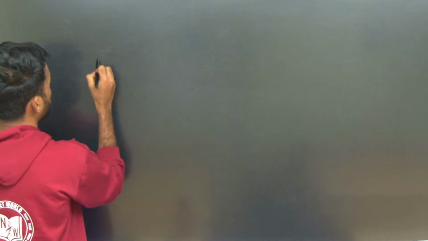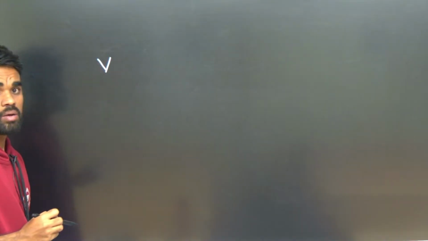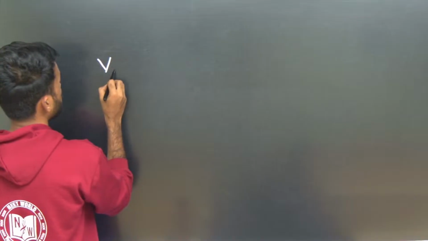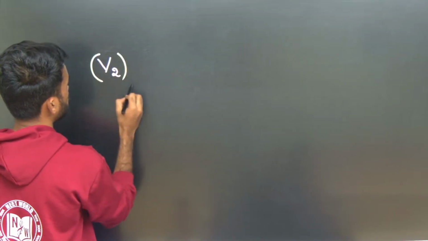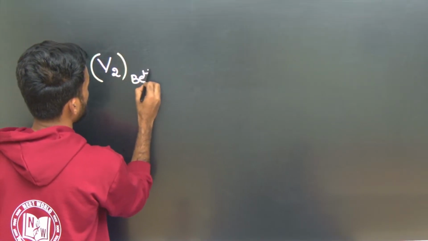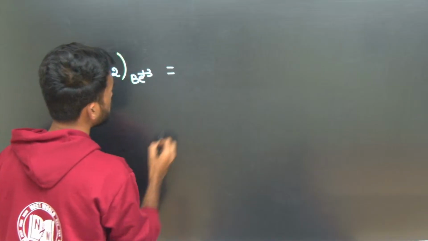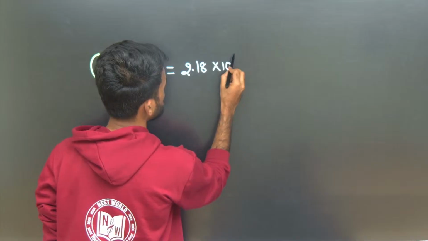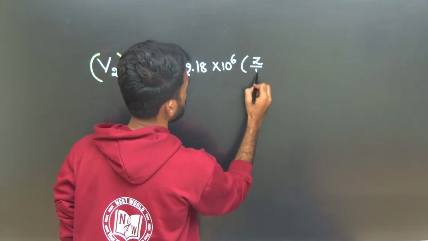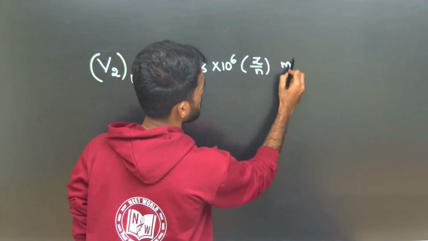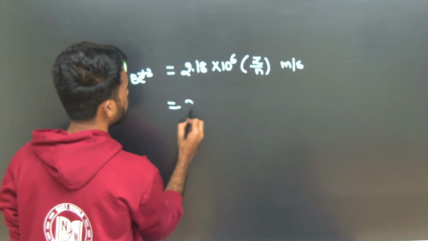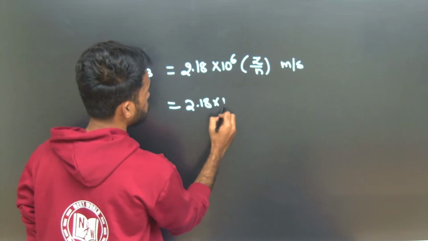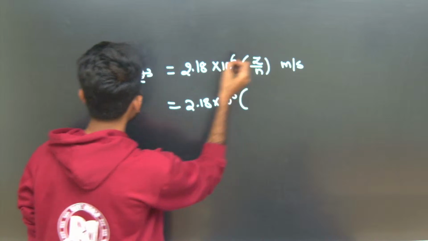Now tell me, what is the velocity of the electron moving in the second Bohr orbit of beryllium plus 3 ion? Again take 2.18 into 10 power 6 Z by n meter per second. Z is how much?